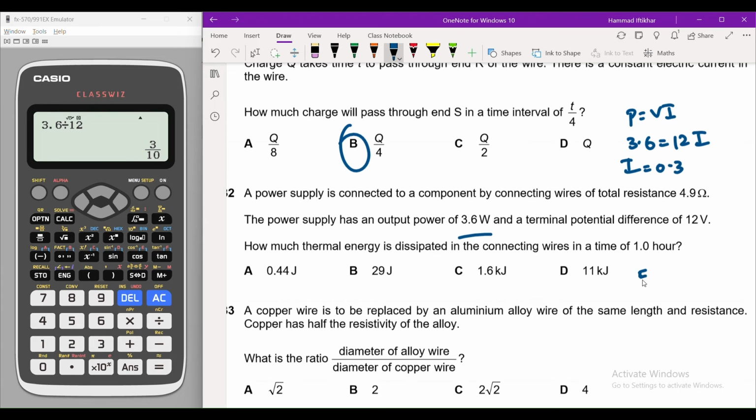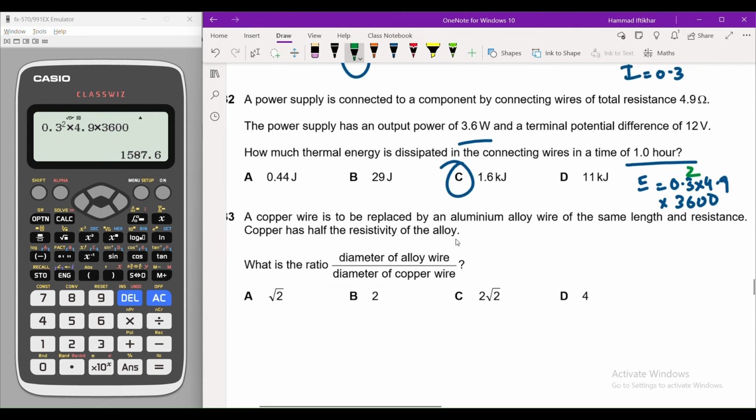So energy will be equal to I squared RT, 0.3 squared times 4.9 times 3600 for 1 hour. Sorry, my bad, I squared the wrong term. 0.3 squared. Okay, that is 1587. So roughly this. Sorry, my bad. This was I squared.